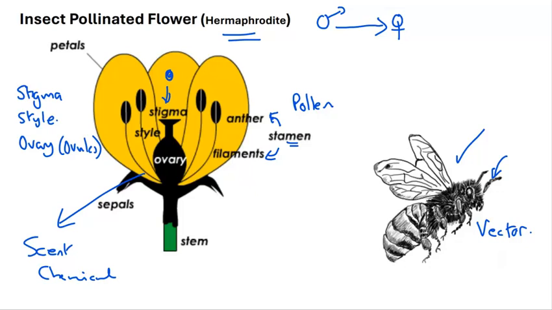So having located the flower, there is then a visual signal in the colorful petals which allows the insect to direct its activities.